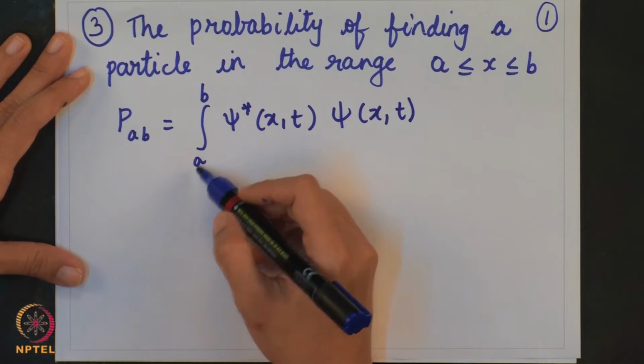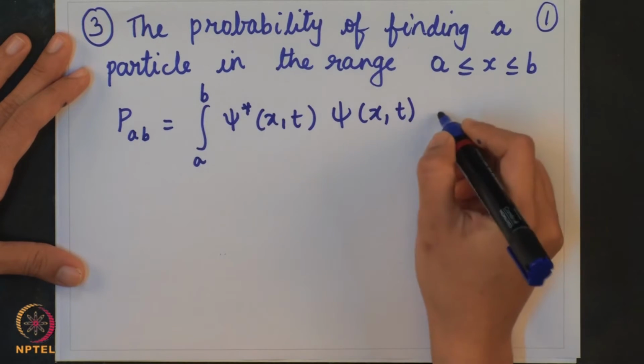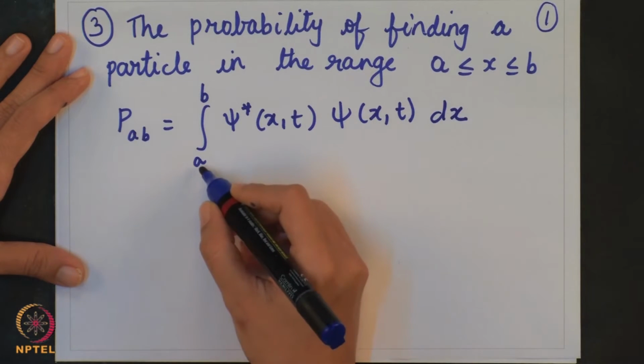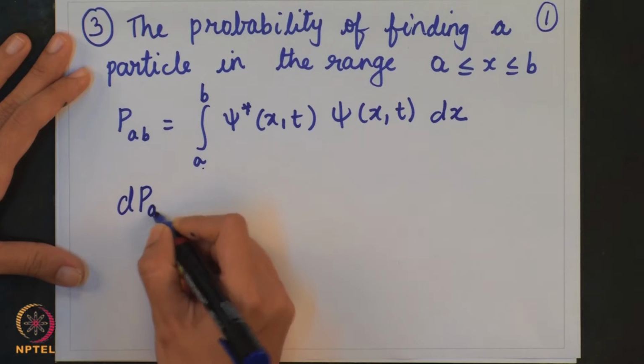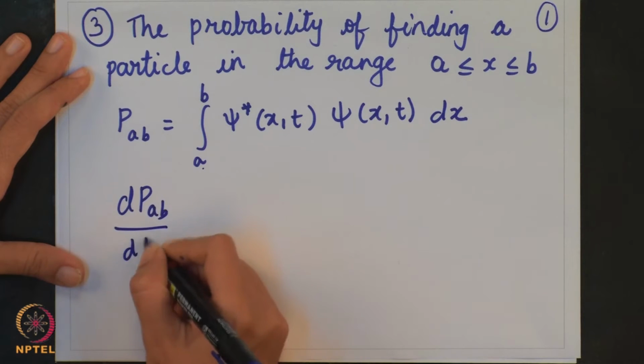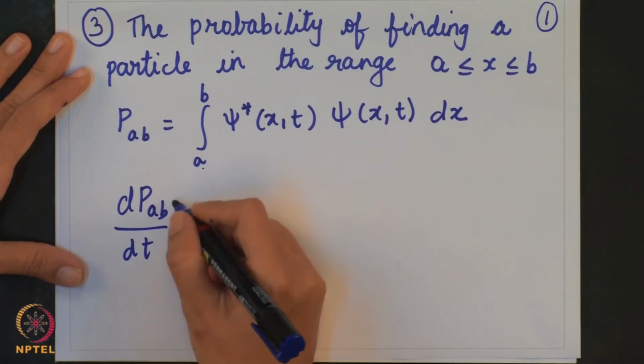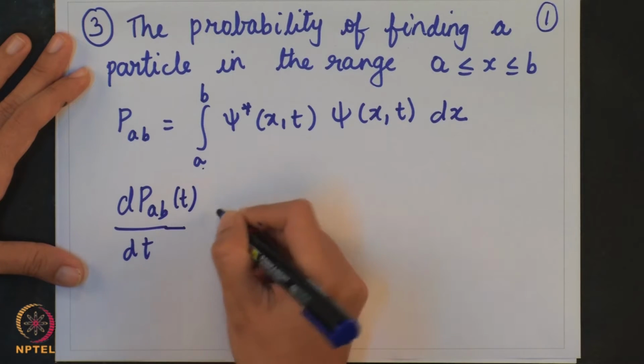Since we have to find it between the two limits, I write it as integral from a to b. Now we have to evaluate this quantity at some t.